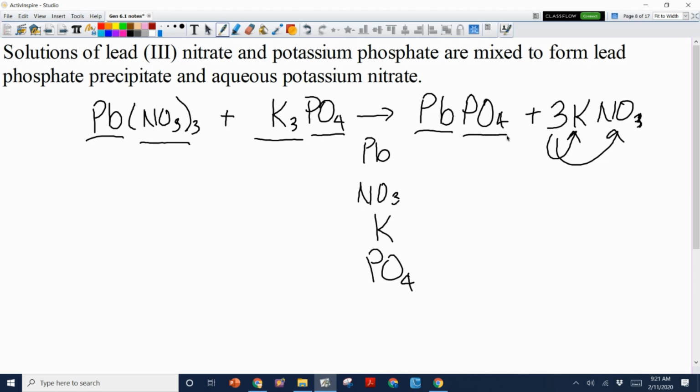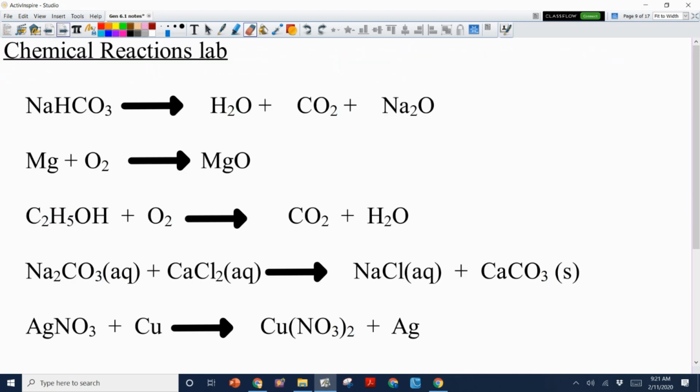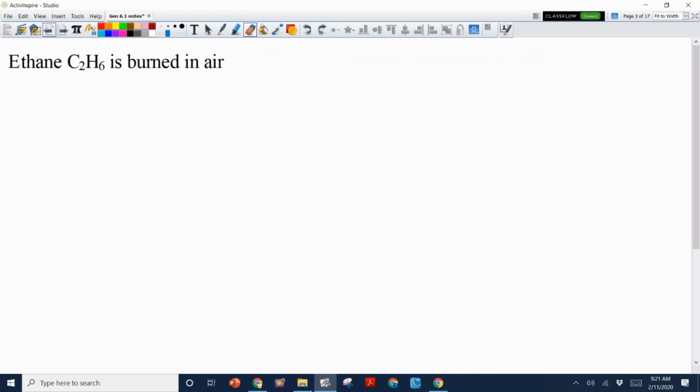All right, so that is a balanced chemical equation right there. Okay, so I did skip over one equation, and that's this one.